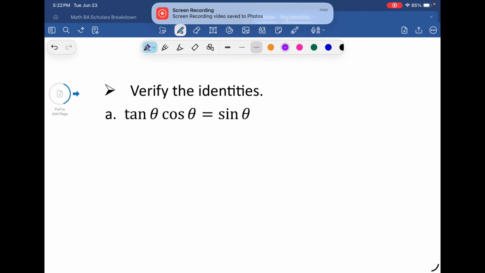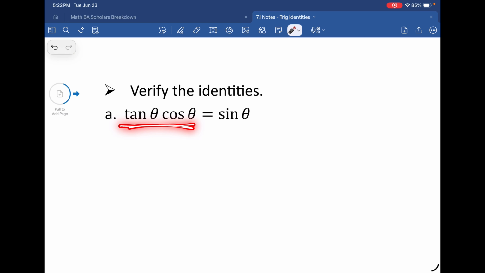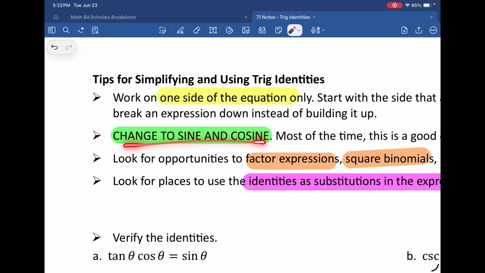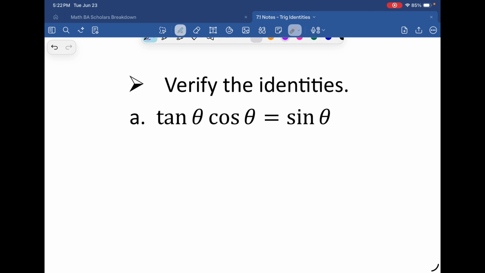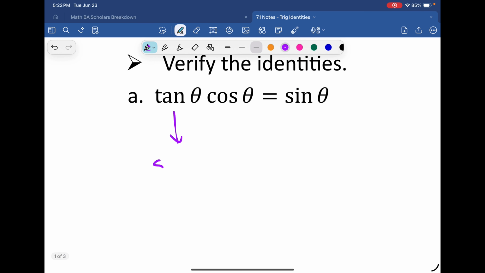All right. Verifying the identities. Tangent theta cosine theta equals sine theta. This one is the more complicated side. So I'm going to turn tangent cosine into sine. The tip I want to follow is to change to sine and cosine. So tangent is sine theta over cosine theta.